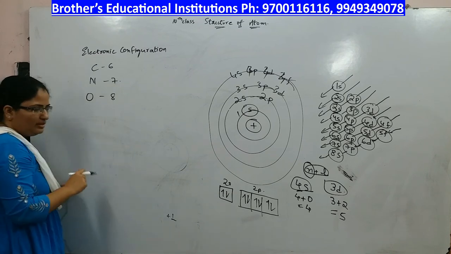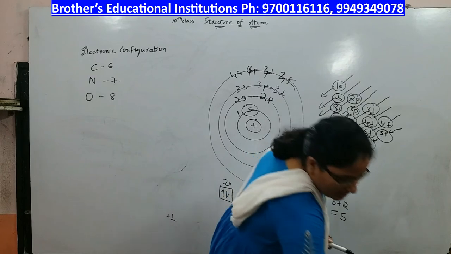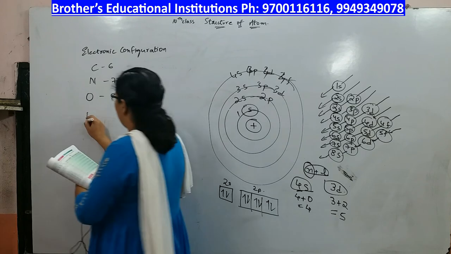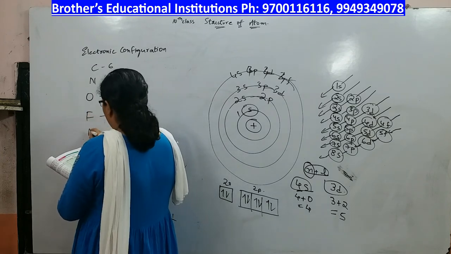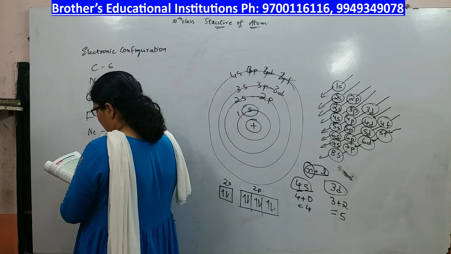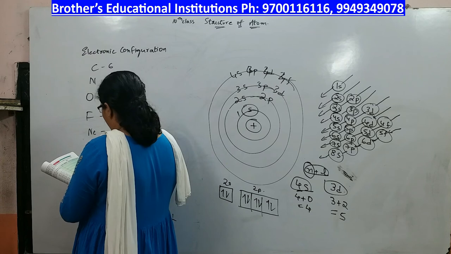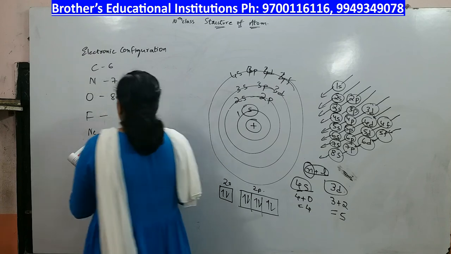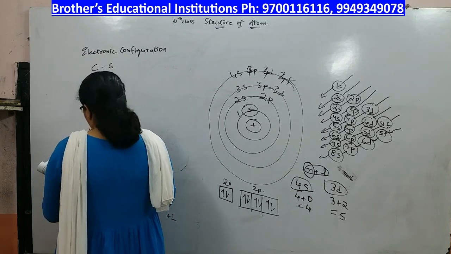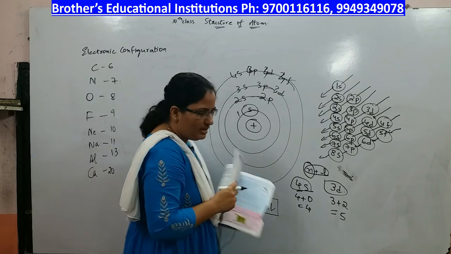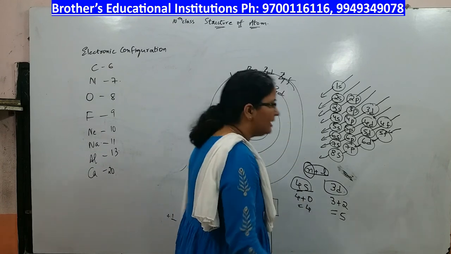After oxygen the next elements are fluorine, neon, sodium, aluminium, calcium. Let us say after aluminium you don't have calcium, but let us see how to fill it. Sodium is 11, aluminium is 13. Let us see how to write the electronic configuration of these elements.